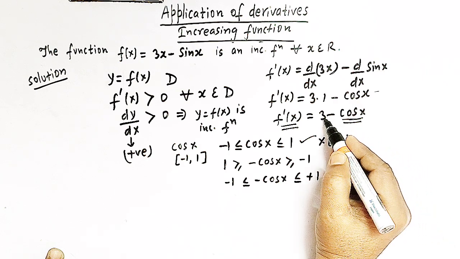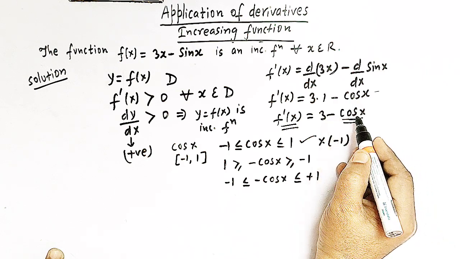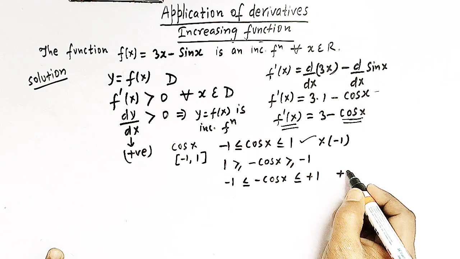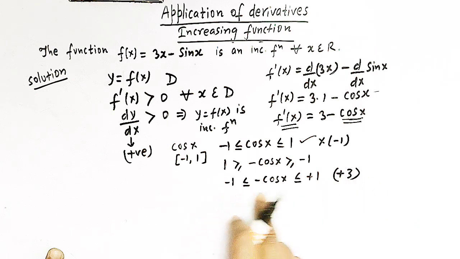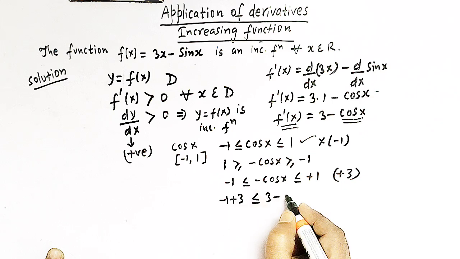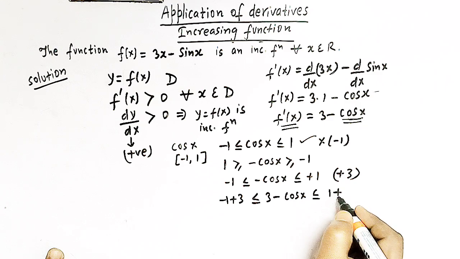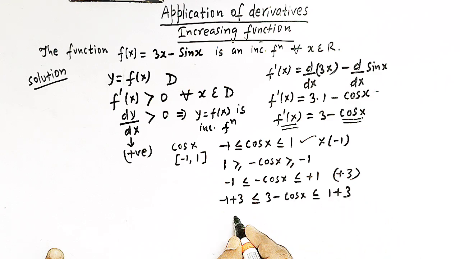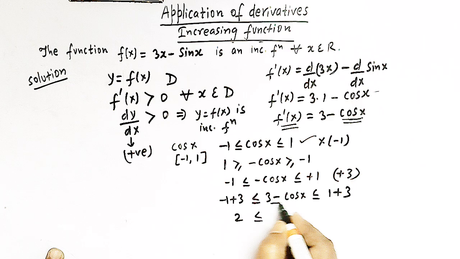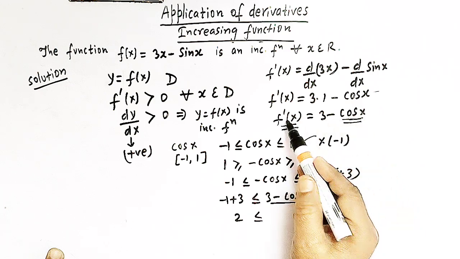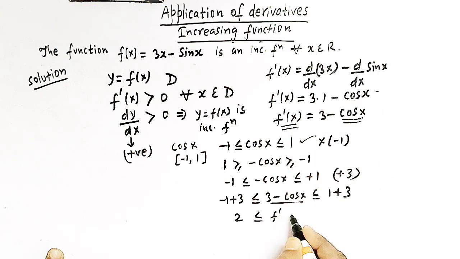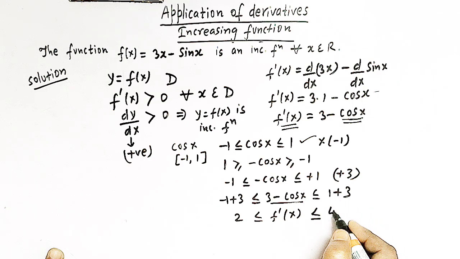Okay, so here we have 3 minus cos x. So let us add 3 throughout this inequality. So we have minus 1 plus 3, then here we have 3 minus cosine x, and here we have 1 plus 3. So 3 minus 1 is 2, and 3 minus cos x is given by the derivative, that is f prime of x, and here 3 plus 1 is 4.